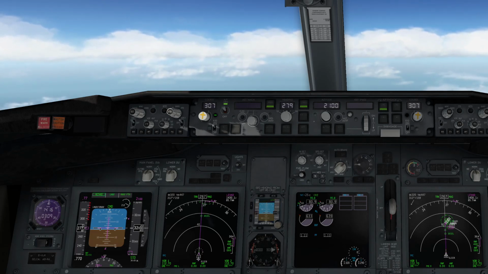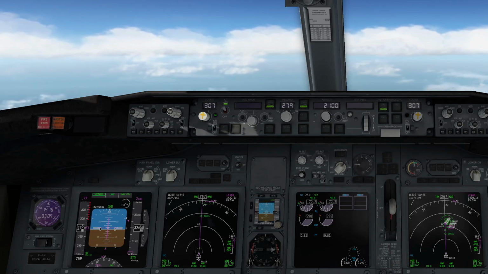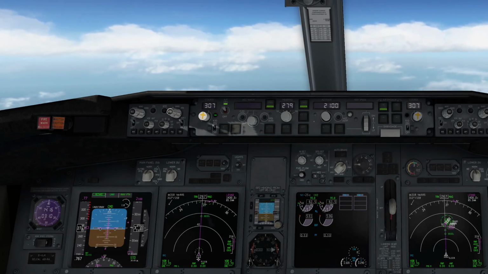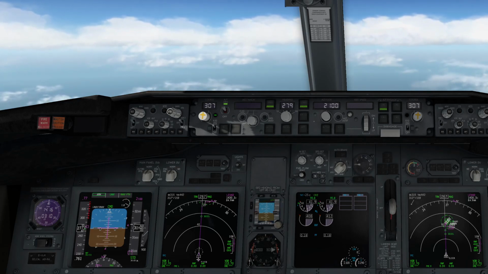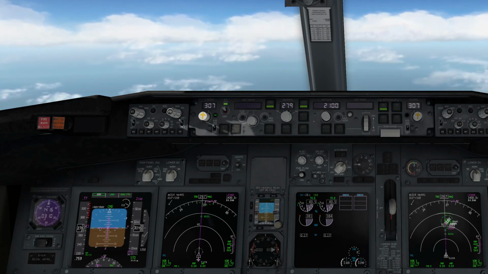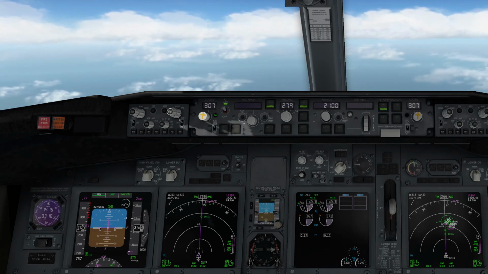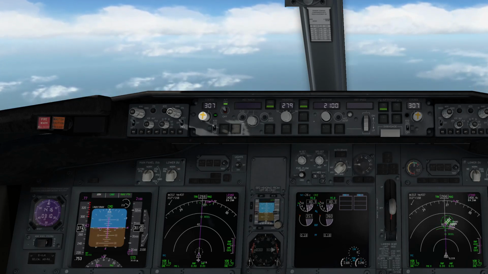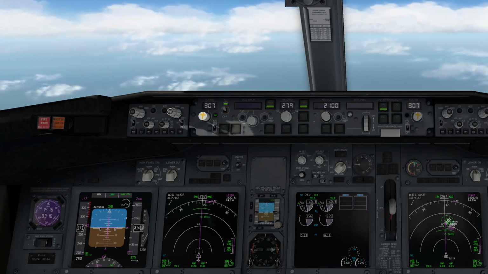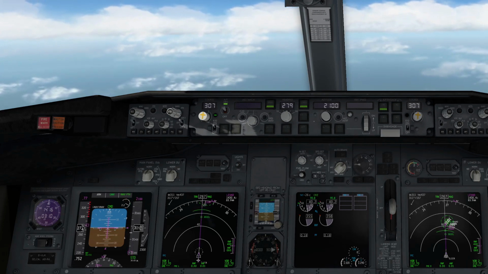And we start descending. Thrust idle. Descending at 2,300 feet per minute.